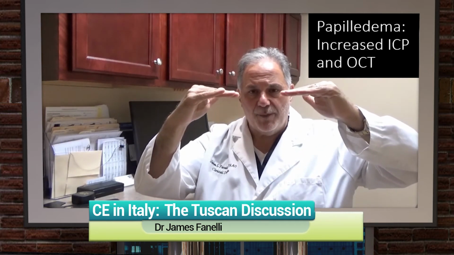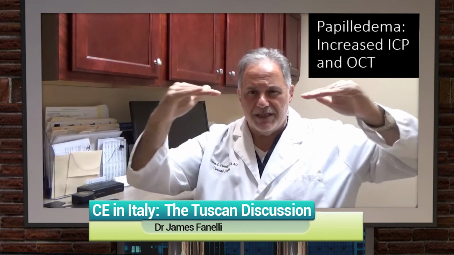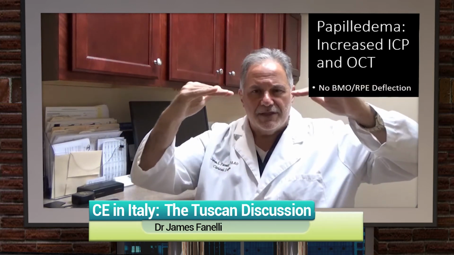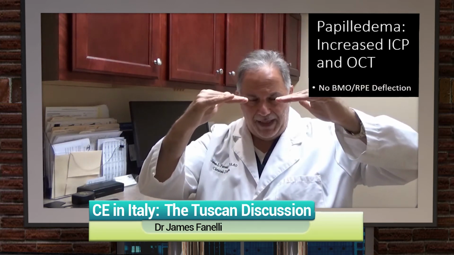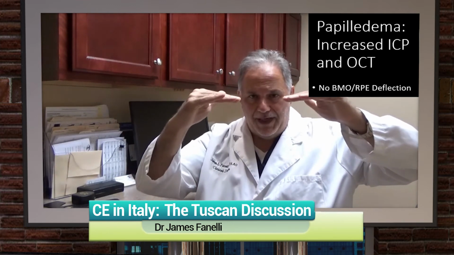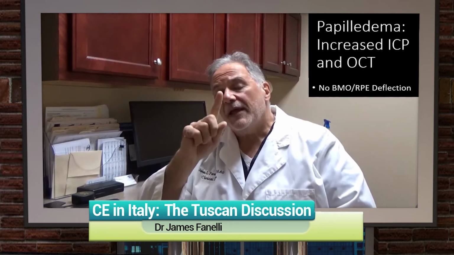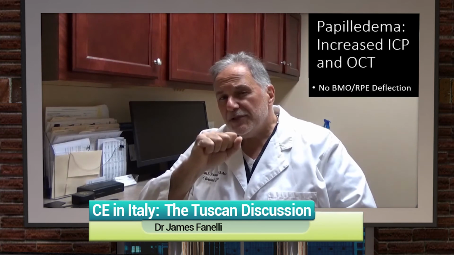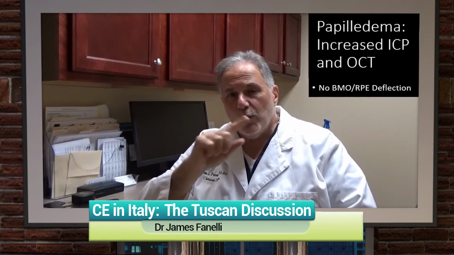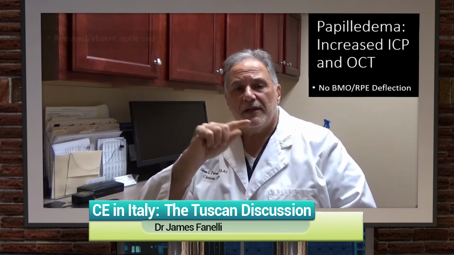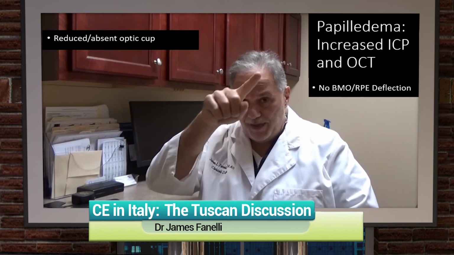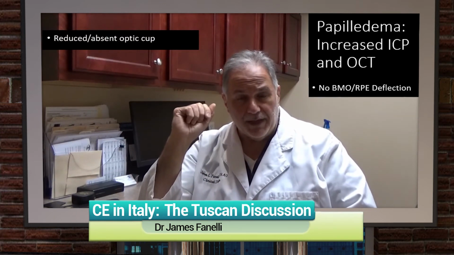So the very, very posterior, deeper OCT sections are going to have symmetric RPE segments on each side of the nerve. However, in disc drusen, invariably, there will be loss of the optic cup, so we won't be able to see a defined optic cup.